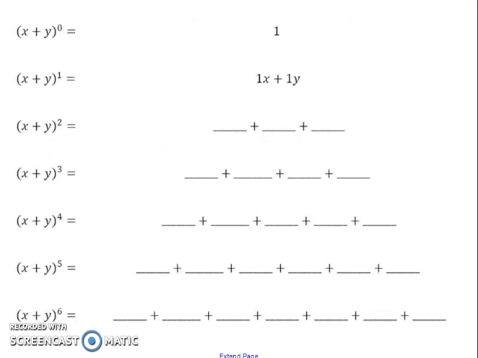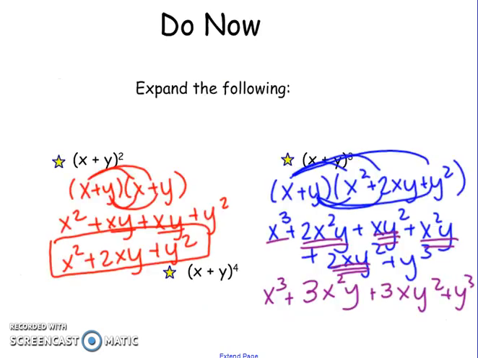So if we look at this chart, if I have (x plus y) to the 0, that's going to equal 1. Right? Anything to the 0 power is 1. So if I have (x plus y) to the first power, that's just x plus y. And there's 1's in front because the coefficients are a 1. We don't need them there, but they're there. If I have (x plus y) squared, we just did that in the do now. So that's x squared plus 2xy plus y squared.